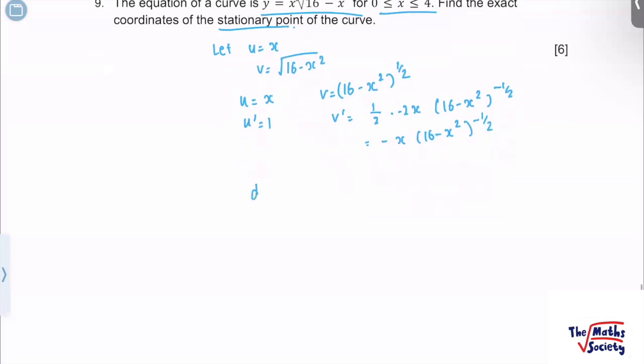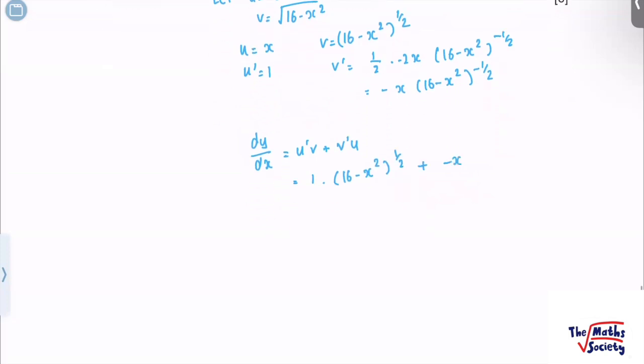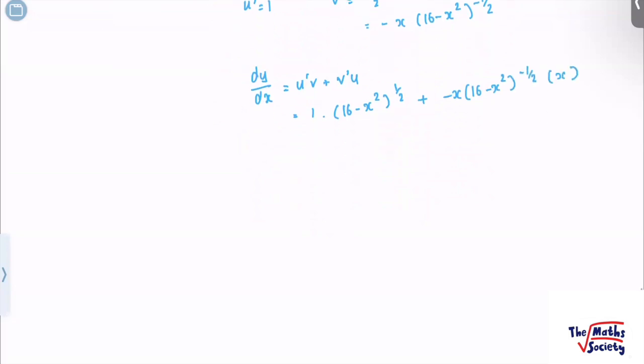And we know that dy/dx is equal to u prime v plus v prime u. u prime is 1, v is just (16 minus x squared) to the power half, plus v prime, minus x (16 minus x squared) to the minus half, times u, which was x. So you're going to have (16 minus x squared) to the half, minus x squared (16 minus x squared) to the minus half.